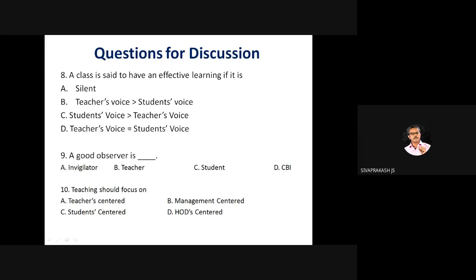Question number 12. Who among the following is highly technology oriented? Technician, teacher, student, or ICT person. Option 1, technician. Option 2, teacher. Option 3, student. Option 4, the ICT person.